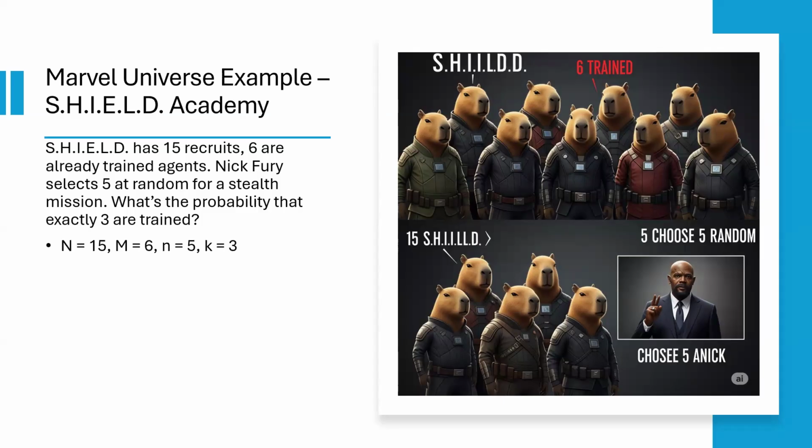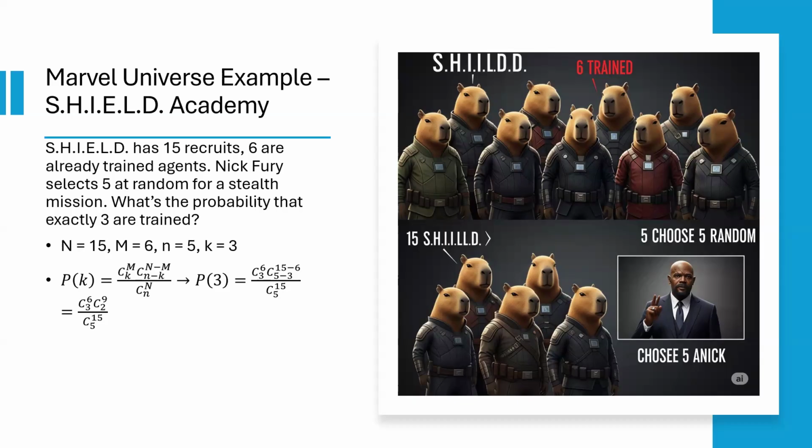Capital N would be my 15 recruits. Capital M would be the 6 already trained agents. Lowercase n would be the 5 that we're selecting for the stealth mission. And k equals 3 is how many we want that are already trained. So we would compute by plugging into our formula.